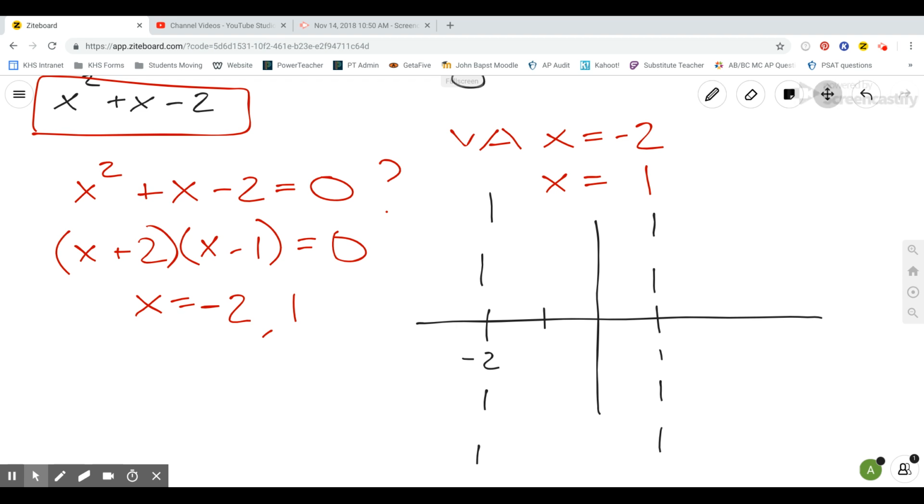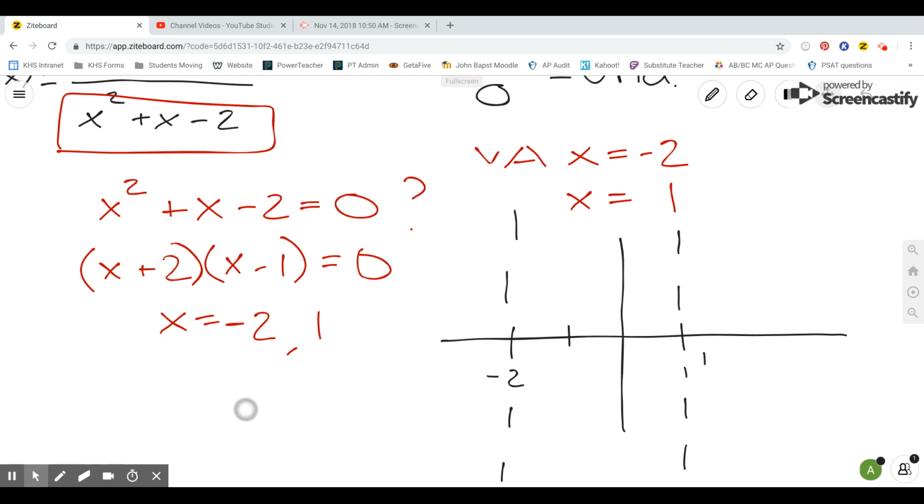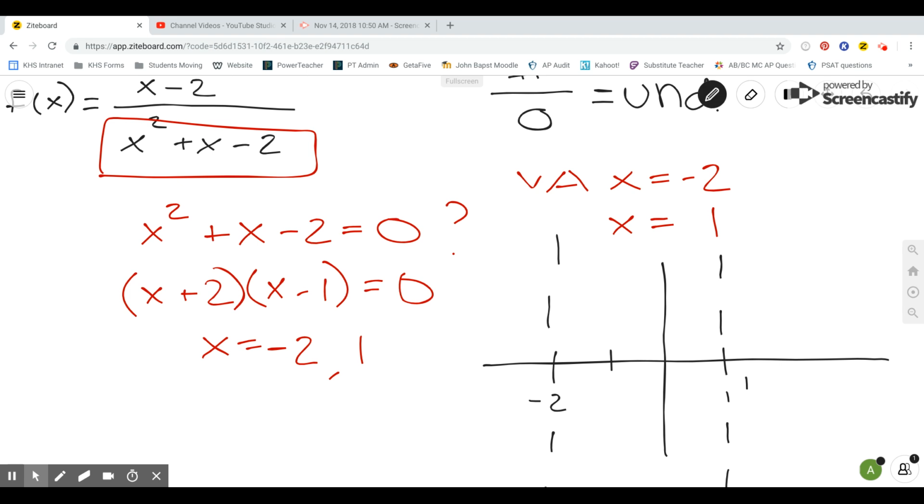And keep in mind, when you begin to graph this, just like with the polynomial graphs, you want to look at the multiplicities of your factors. So notice that these were odd degree factors. It was a multiplicity of 1.